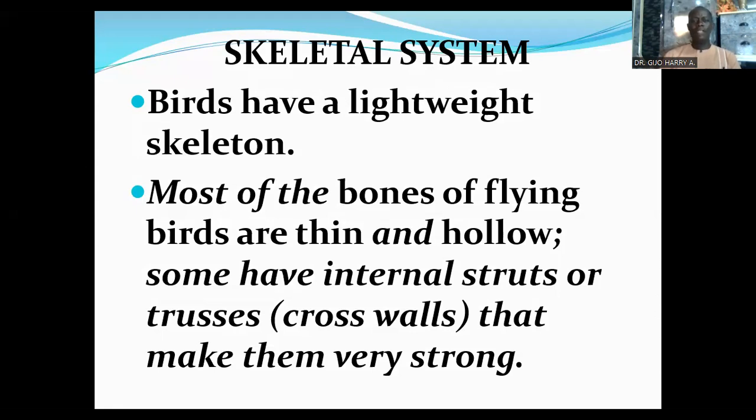Some have internal struts or trusses or cross walls that make them very strong. The bones have air spaces that are called pneumatic cavities. Those pneumatic cavities are connected to the respiratory system, in which air is introduced into the bones to make the bones lighter and to enable the bird to be buoyant for flight.